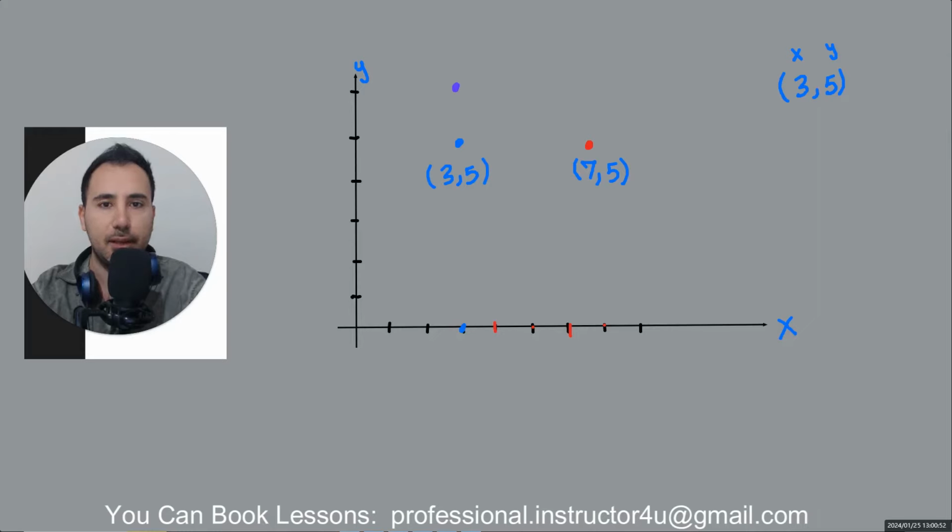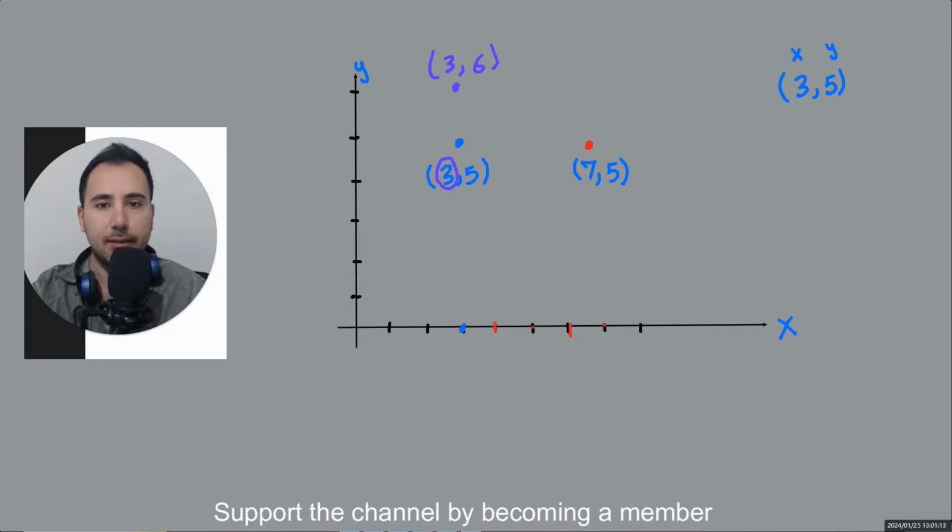This point will be 3, but the y value will just go 1 up, though my graph is not that precise. So in other words, when you're going to the right, you're changing the x value by 4. When you go higher, the x value will not change, 3 and 3, and the y value will increase by 1. So this is what we need to be able to do problem 11.